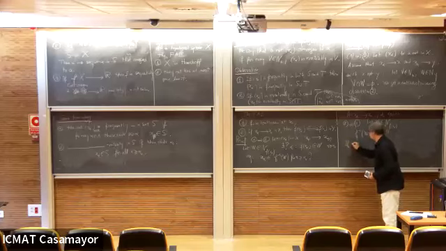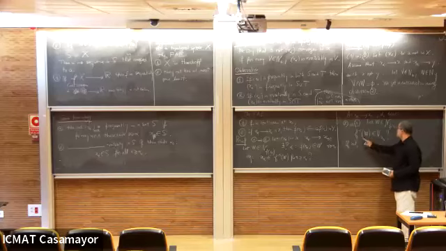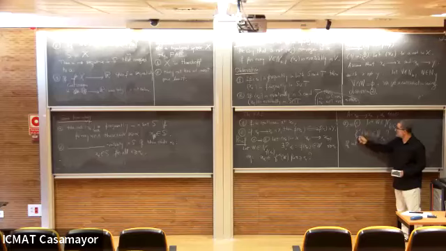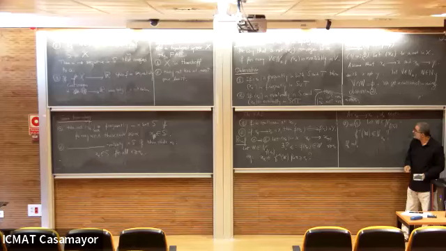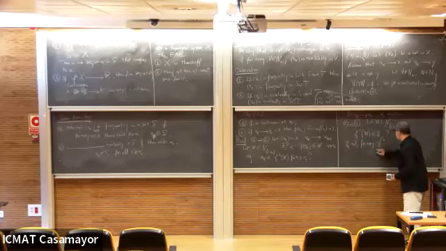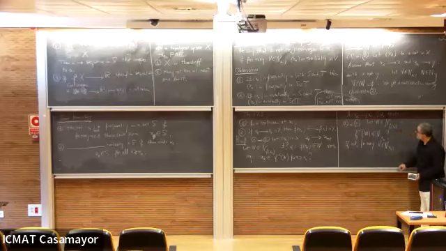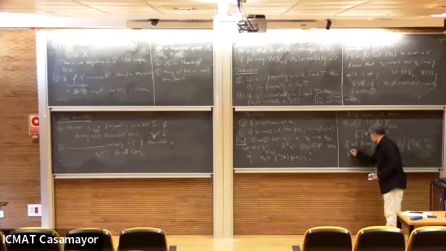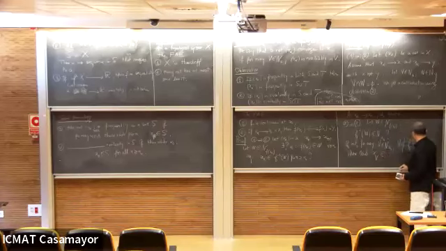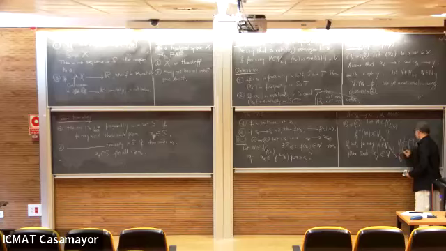If not, for every neighborhood V of x0, V is not contained in F minus 1 of W. So there exists x_V that belongs to V minus F minus 1 of W.